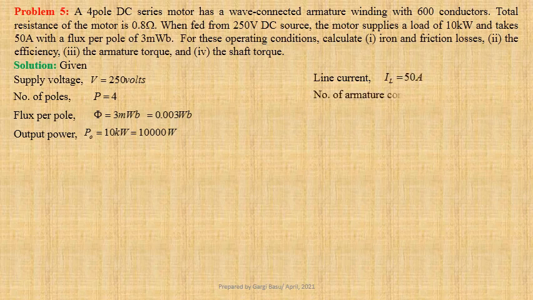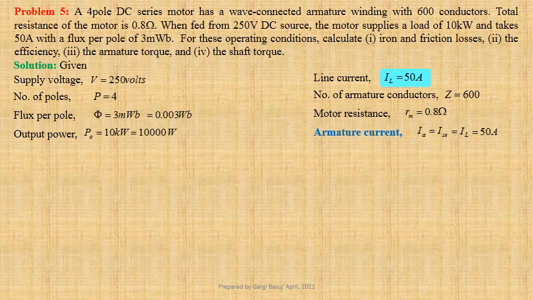Number of armature conductors Z equals 600. Motor resistance Rm equals 0.8 ohm. For DC series motors, armature current IA equals IL, that is equal to 50 ampere at these operating conditions. For wave-connected armature, number of parallel paths A equals 2.